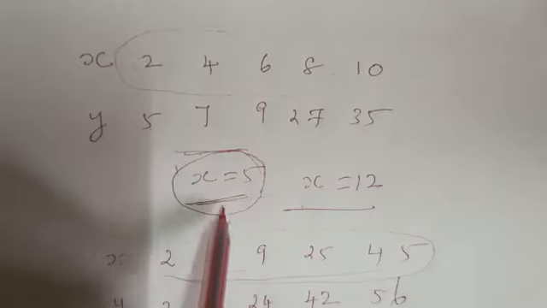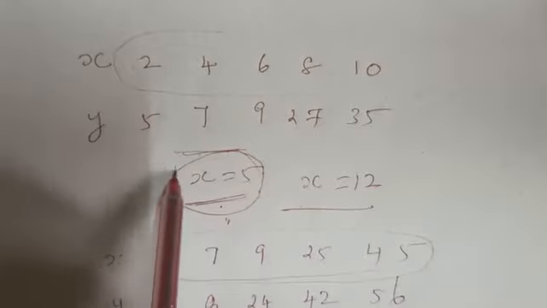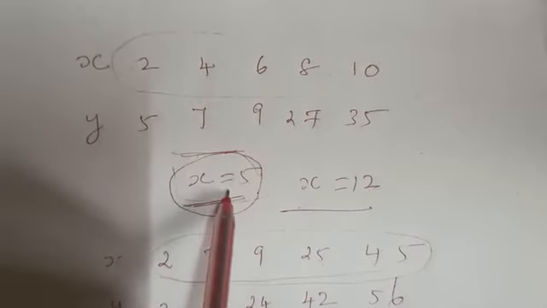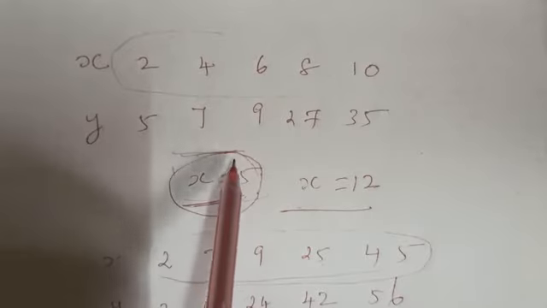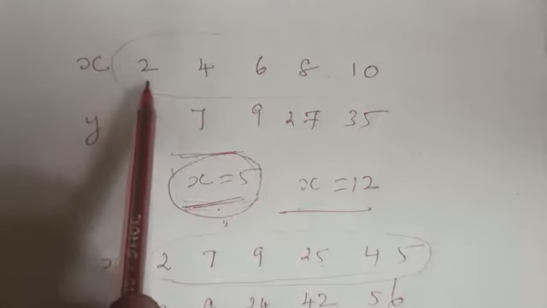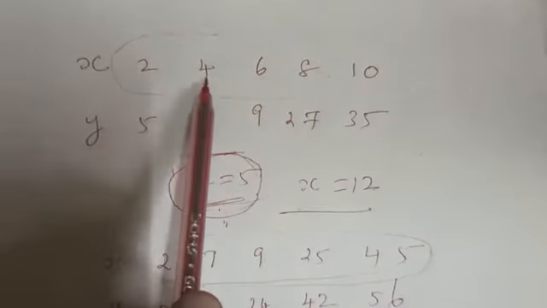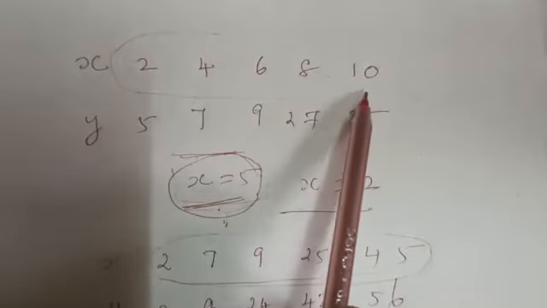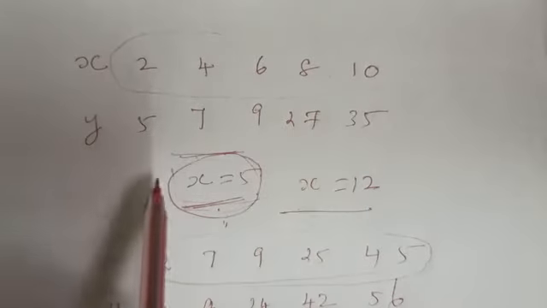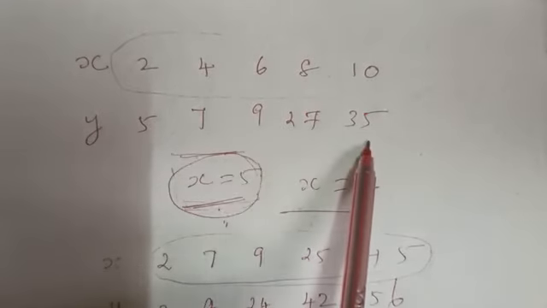Interpolation means we have to find the corresponding y value for the given x value. The x value is available between x0 to xn. This is for x0, x1, x2 like that up to xn. This is for y0, y1, y2 like that up to yn.